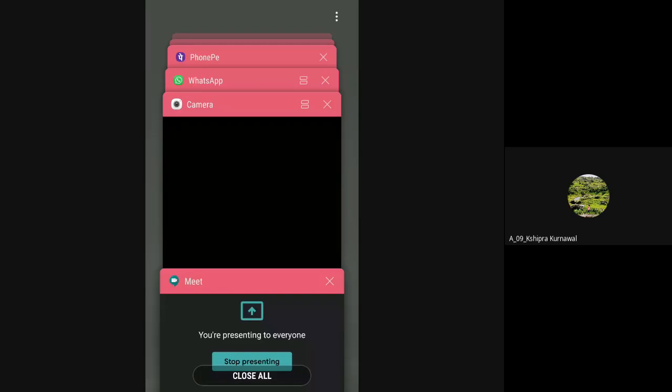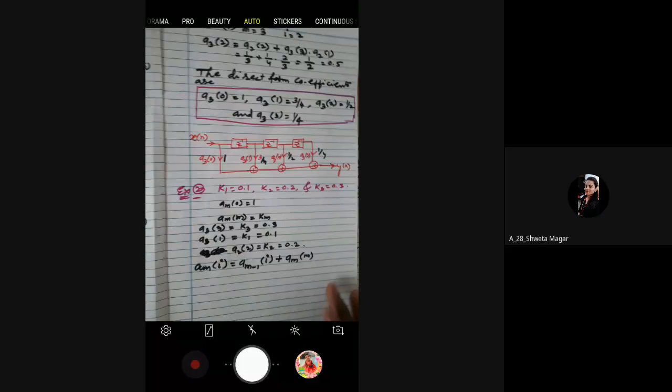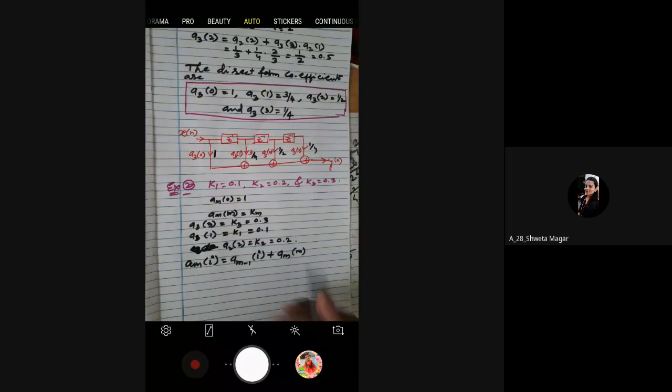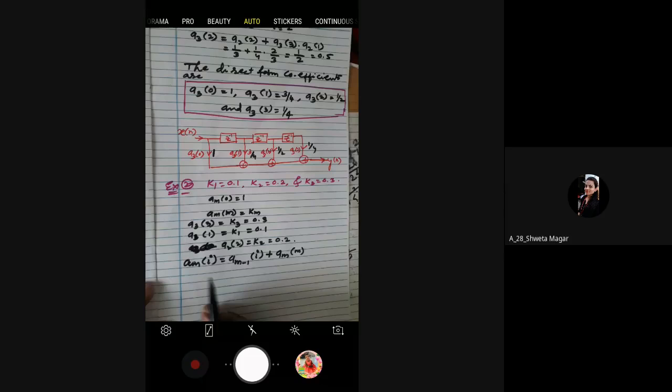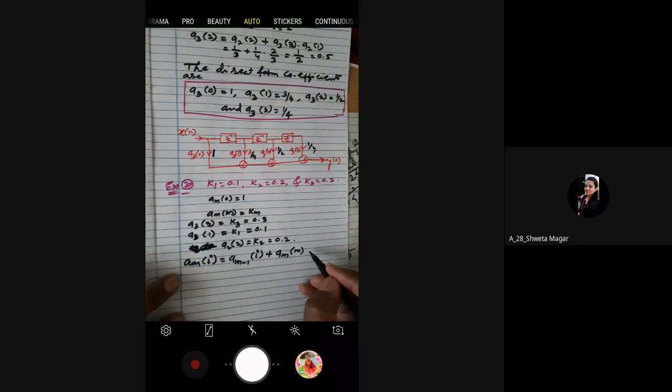Now is it visible? Yes, sir. So now a_m of i equals a_(m-1) of i plus a_m of m into a_(m-1) of m minus i.